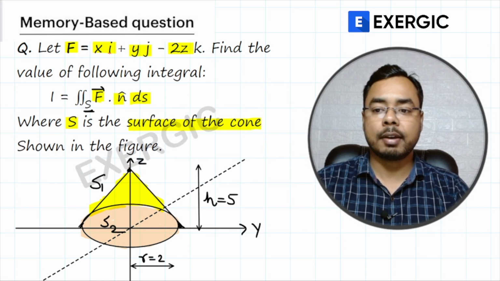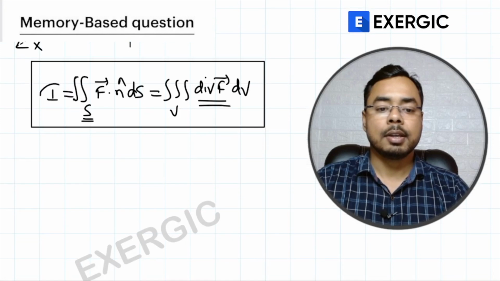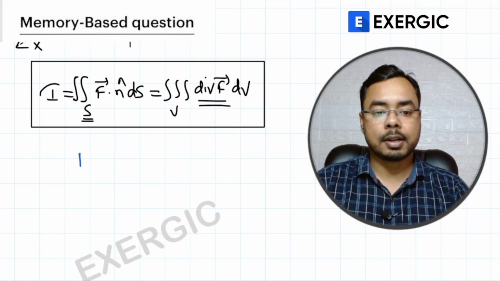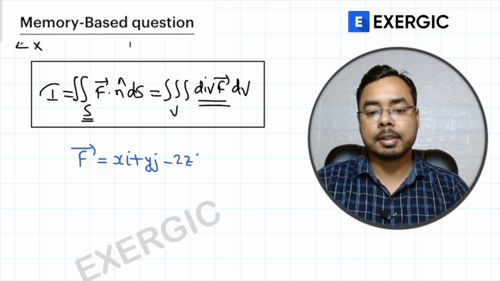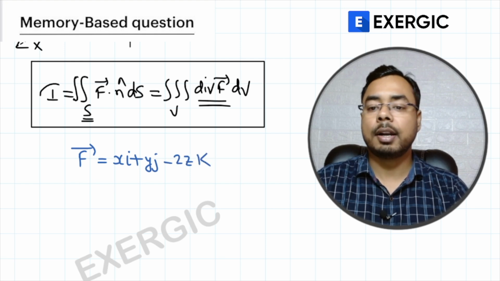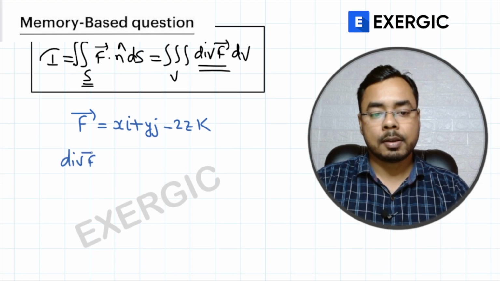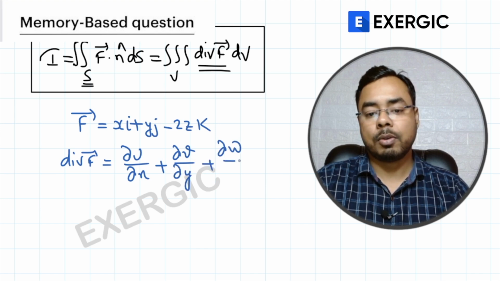And here, if you notice, this is the expression for f, xi plus yj minus 2zk. So vector f is xi plus yj minus 2zk, right? Now if I calculate divergence of f, this will be nothing but partial derivative of u with respect to x plus partial derivative of v with respect to y plus partial derivative of w with respect to z.